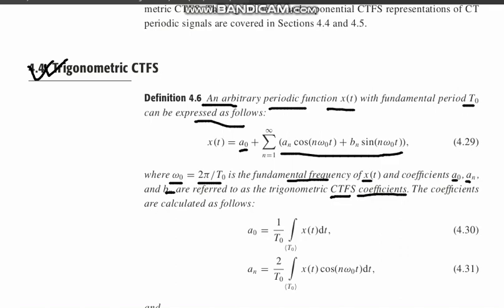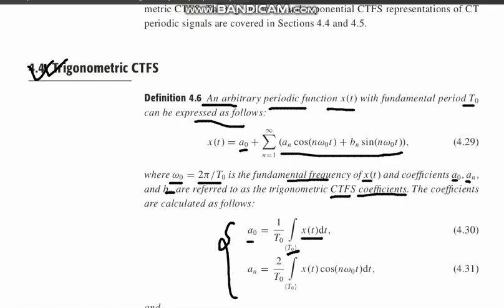The coefficients are calculated as follows. If you want to find a naught, that will be 1 by t naught times the integration. The range of the integration will depend on t naught, which means the total period. If it is a sinusoidal value, like sin t, that will be 0 to 2 pi, because you know 2 pi is the fundamental period of sinusoidal equations.